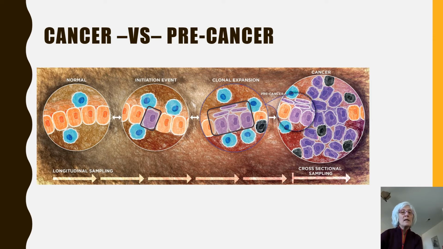Those hyperplastic cells just overgrow, and that in and of itself might be not particularly attractive, but there's nothing really wrong with that unless one of the overgrowing cells begins to look a little weird. And when that cell begins to look a little weird, we say that that cell is dysplastic.